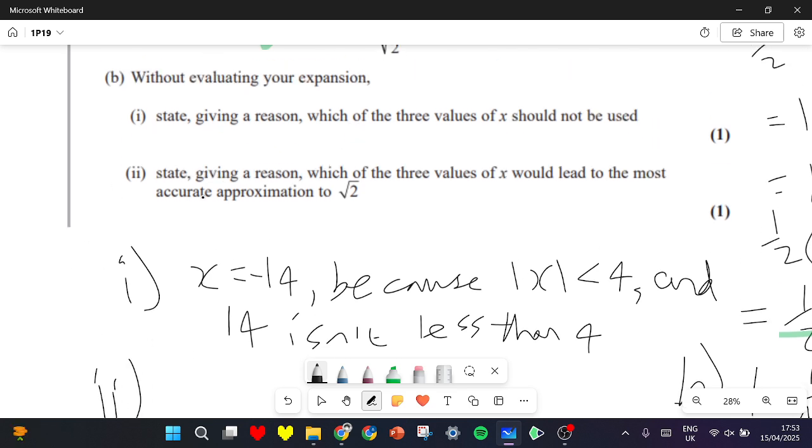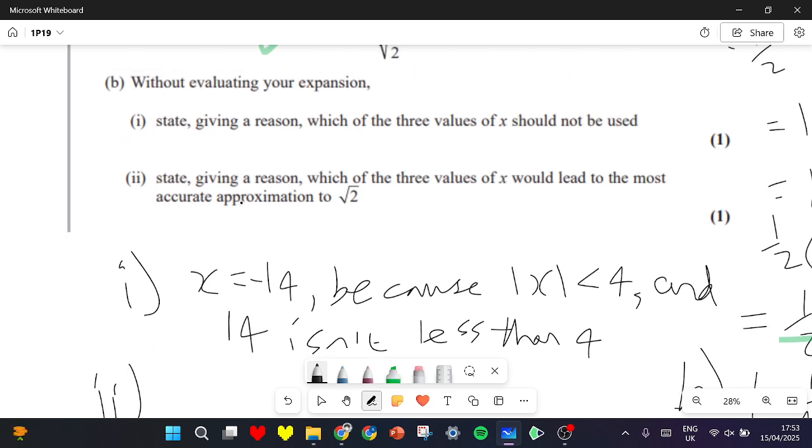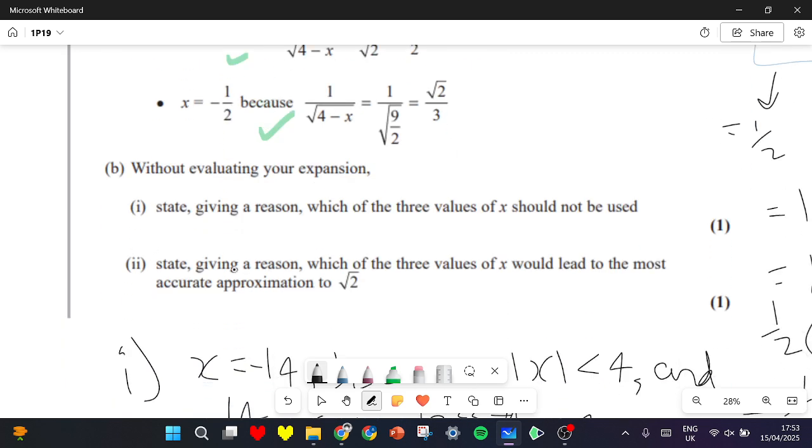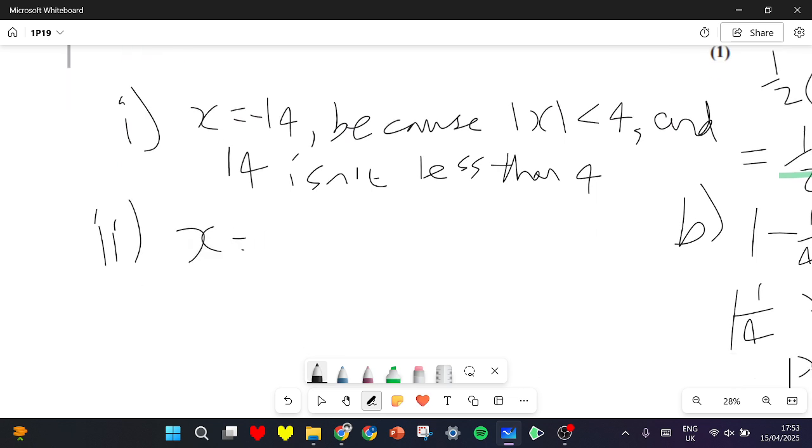I'll check that after I do the second part too. State giving a reason which of the 3 values of x would lead to the most accurate approximation of root 2. Okay, for this one, you get a more accurate value the smaller your x value is, right? So between 2 and minus a half, the smaller one is minus a half, so x is equal to minus a half because it's the smallest.